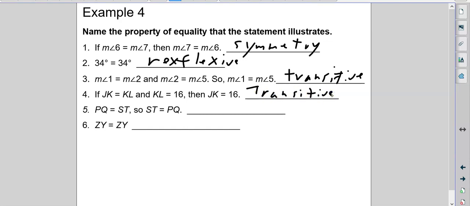PQ is ST, ST is PQ. So we just switch them, flip them. That's symmetry, like number 1. ZY equals ZY. That's itself. So that's reflexive. You're looking at yourself in the mirror, seeing your reflection. That's it.